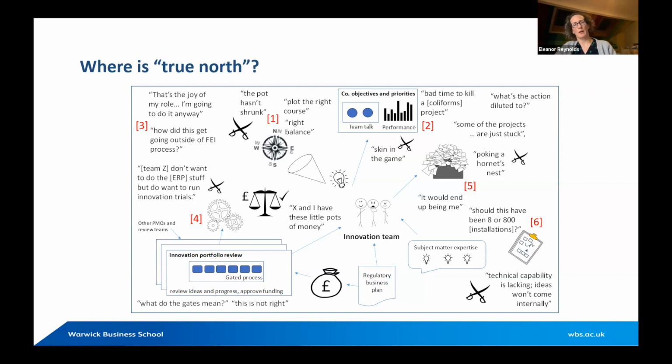So I took that label True North from the dialogue that I heard in the workplace. They were saying, well, we need to be navigating towards True North as we're creating the right balance and deciding what's really going to align with our longer term goals and what innovation we need to be funding and researching.